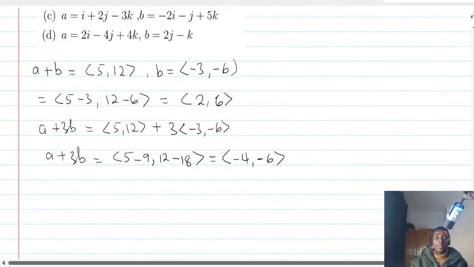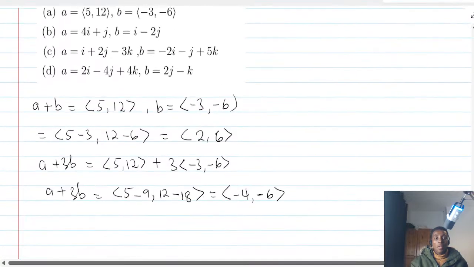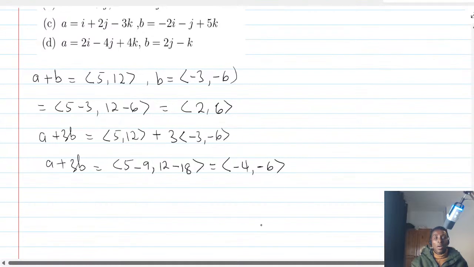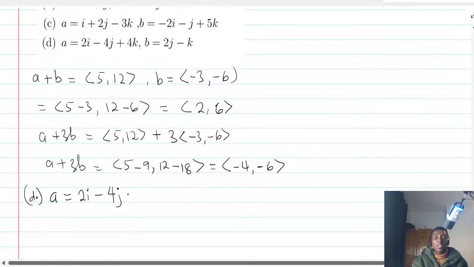And then finally, maybe let's take one of them. The magnitude. Okay, let's take the last one actually because of time. So a is 2i minus 4j plus 4k, and then b is 2j minus k.